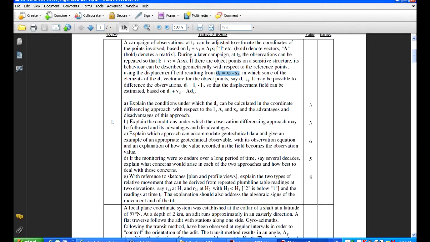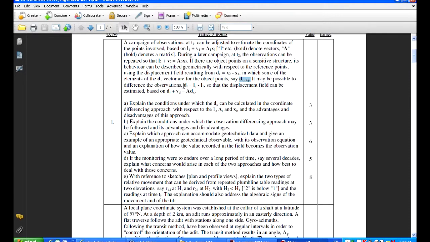And then we have reference points which are hopefully beyond the area of influence, and they create the continuity from campaign to campaign. So we have object points, points that are probably moving. That would be the displacement components there, and reference points which we hope are not moving. So that down to here is the coordinate differencing.